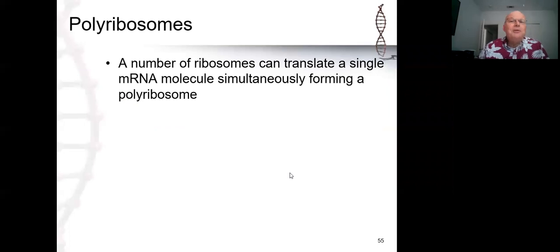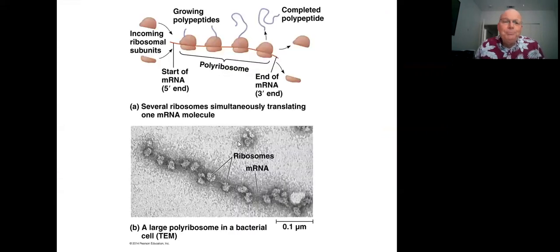So there are a number of tricks that are carried out by cells, particularly prokaryotic cells, bacteria, that aid in increasing the rate of translation. The first one, and to some degree eukaryotic cells can do this as well, is to, rather than translate a single messenger RNA with a single ribosome at a time, simply translate the single messenger RNA with multiple ribosomes.